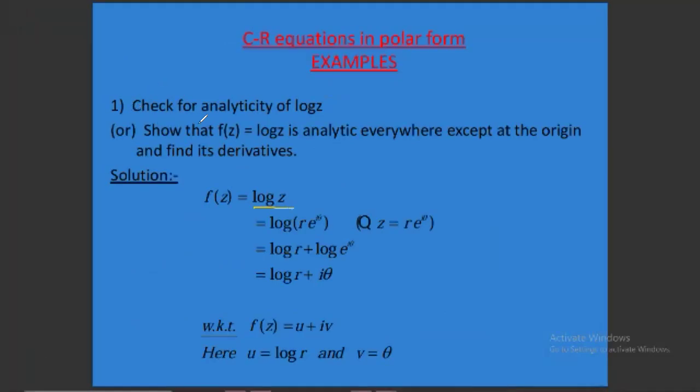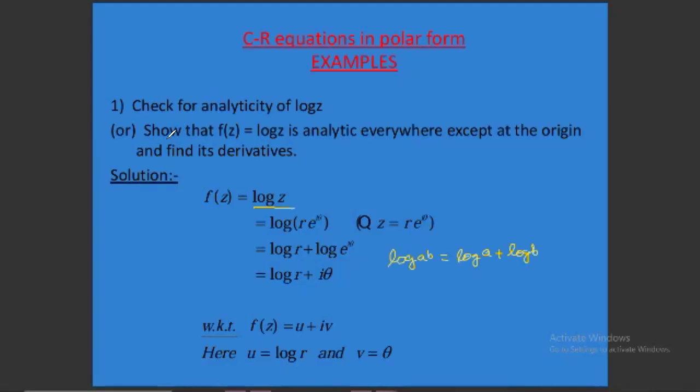So log z is equal to, what is the value of z? r into e power i theta. So you know that log of AB is equal to what? Log A plus log B. So just substituting, log r plus log e power i theta.